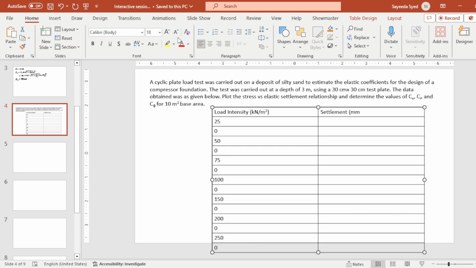Let me reduce the size so that it fits in our page.